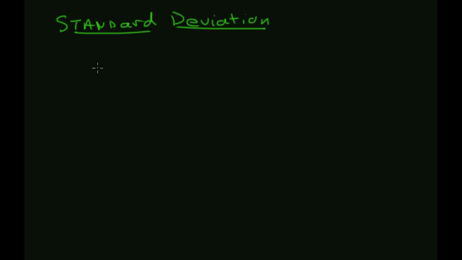There is a formula for this, and we're not even going to break it down. It says that if I take the sum of the squares of the differences between each data point and the mean, and divide that by n minus 1, which is 1 less than the size of the data set, this gives me the standard deviation.